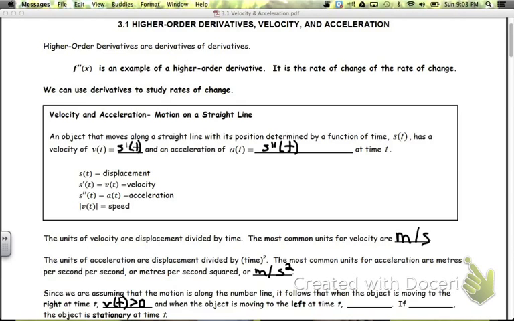And when the object is moving to the left or down at time t, our velocity is going to be less than 0. And if our velocity is equal to 0, the object is stationary at time t, so therefore it changes direction of movement.